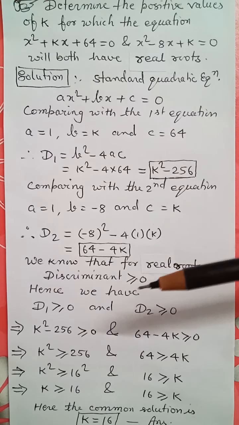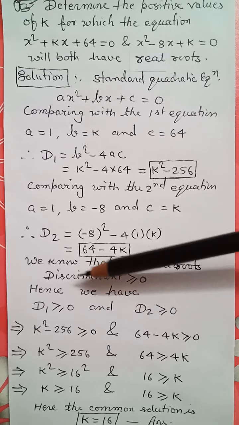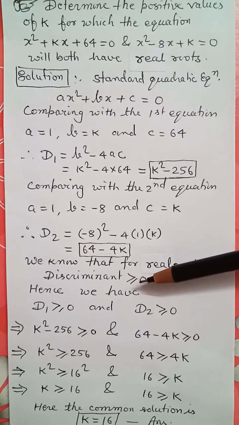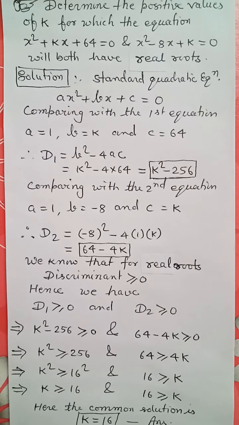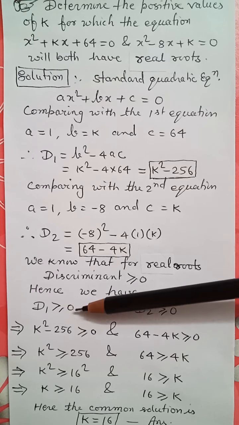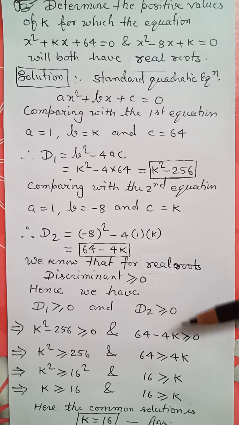Now we know that for real roots, the discriminant must be greater than or equal to 0. Hence, d1 must be greater than or equal to 0 as well as d2.